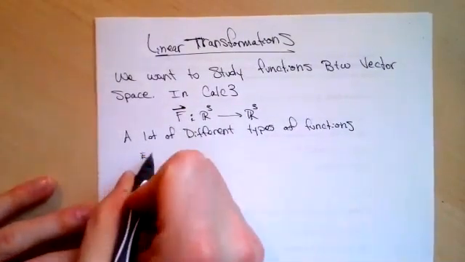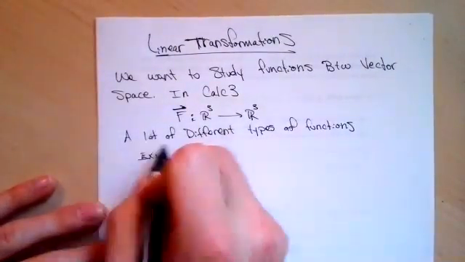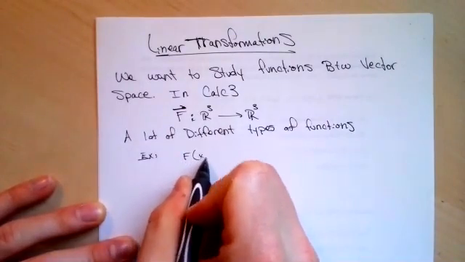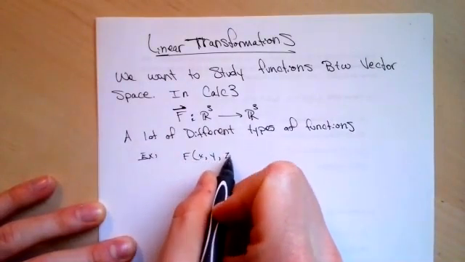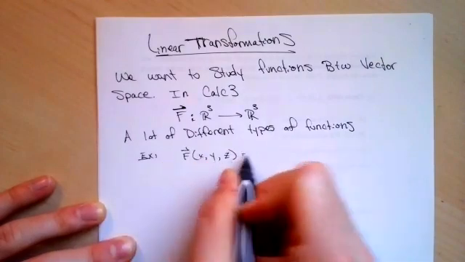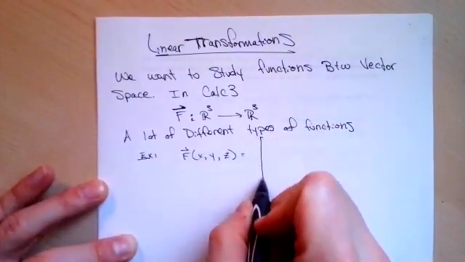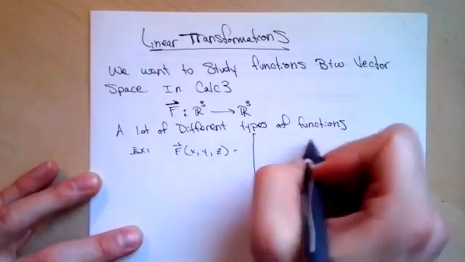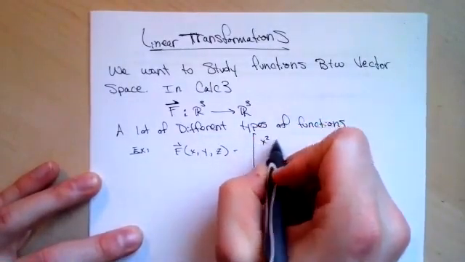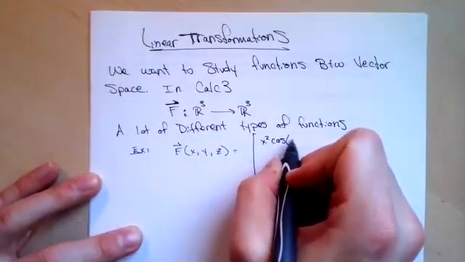So for example, there are things like f of x, y, and z is equal to, and let's put it in our coordinate system. So let's use a column vector. So the x component might be something like x squared times cosine of yz.